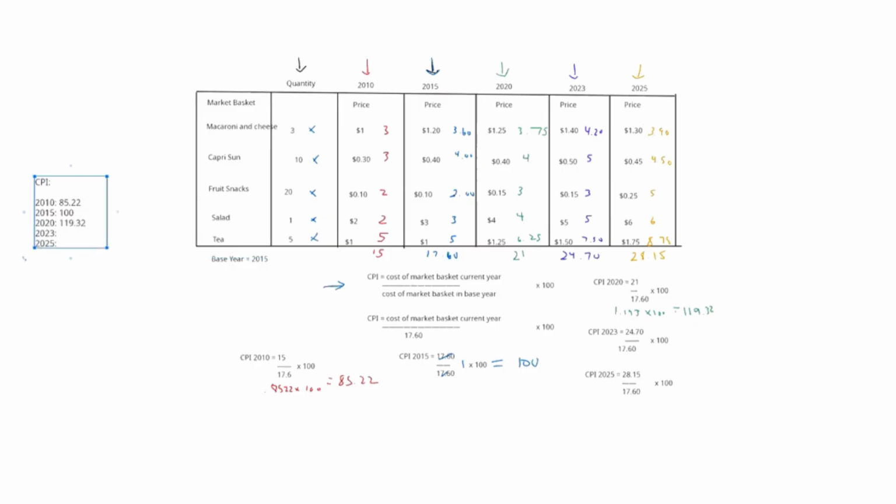For 2023, we're going to get 24.7 divided by 17.6, which gives us 1.4034, times 100, so we're going to get 140.34.